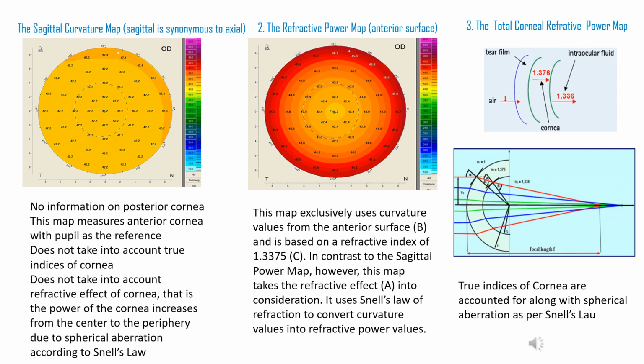So if we are taking these values and putting them into the post-myopic Lasik calculation formulas, then there will be a mismatch, because the total corneal refractive power map takes into account true indices of the cornea, which is different than the 1.3375 that is taken by most IOL calculation formulas. So we cannot take these values into the calculation formulas.